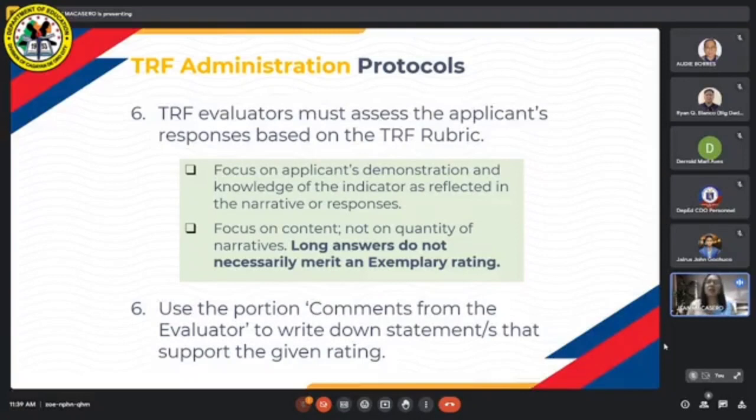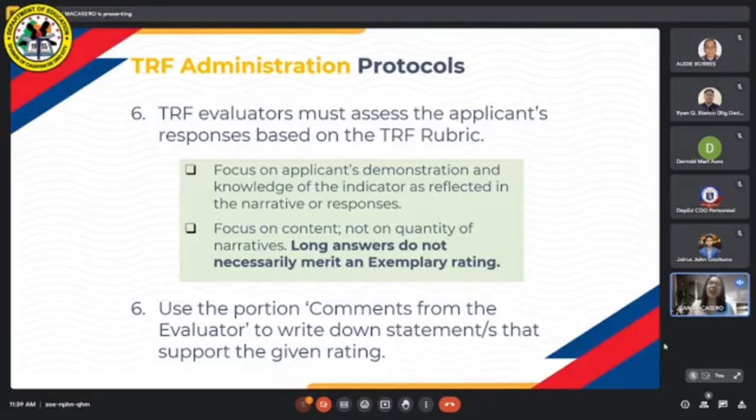TRF evaluators must assess the applicant's responses based on the TRF rubric. Focus on application, demonstration, and knowledge of the indicator as reflected in the narrative or responses, and focus on content, not on quantity of narrative.